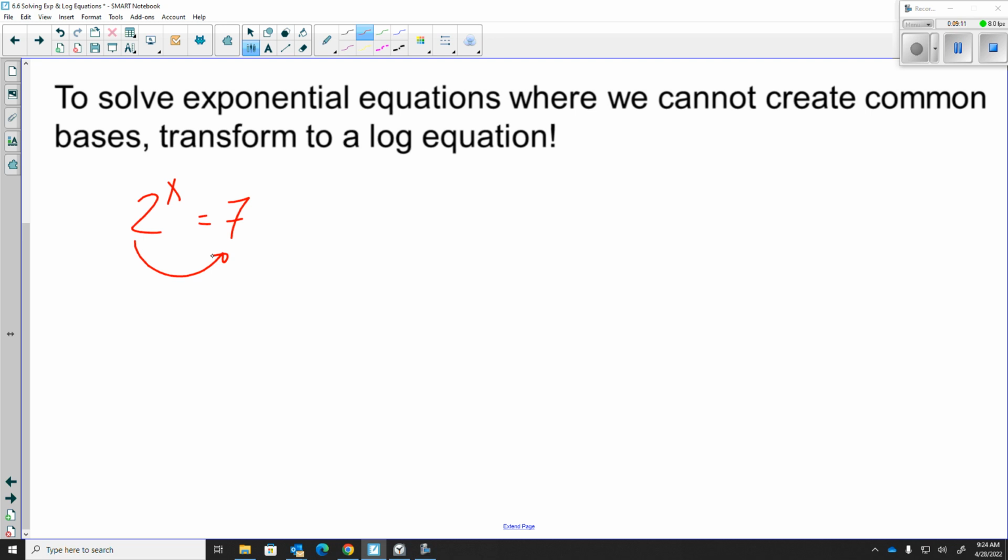It's going to be x equals log base 2 of 7. Remember, the base of the exponential is the base of the log and vice versa. Okay? Like in the log, it's just there.